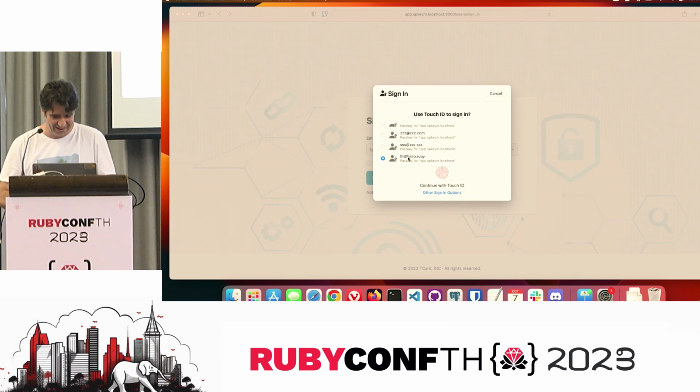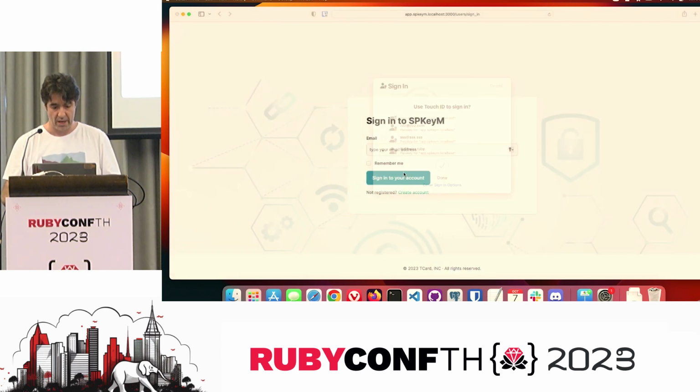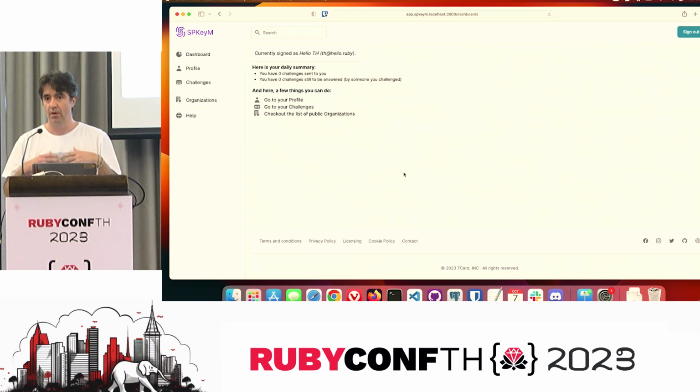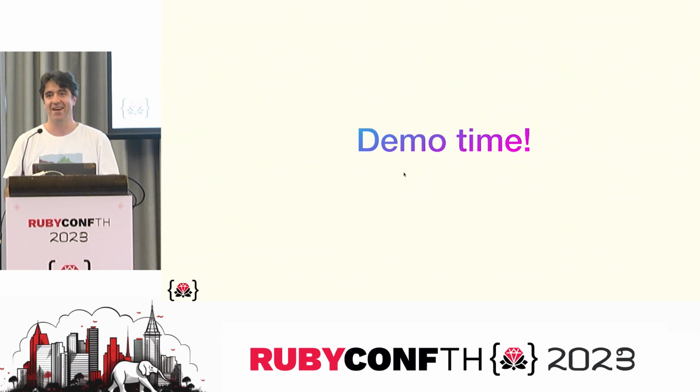So I think this is the one that I created today, right? Yeah, helio.ruby. So I put my finger, and it's going to do all those things: public key, private key, sends the data, encrypted, decrypted, and then authenticates me, that I showed in the design, in the diagrams. And that's it for the demo time.